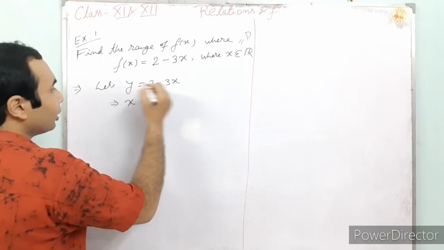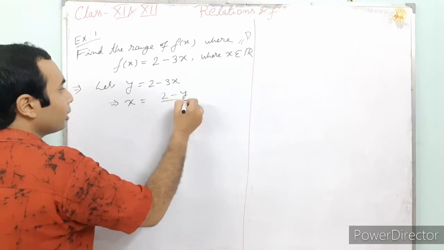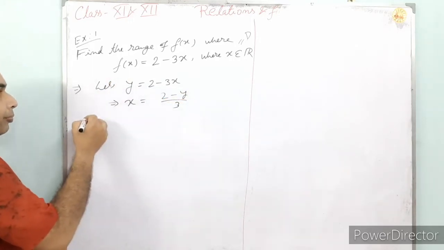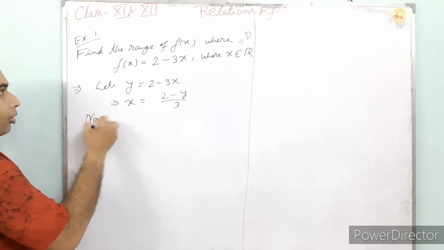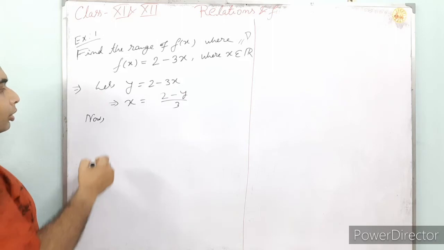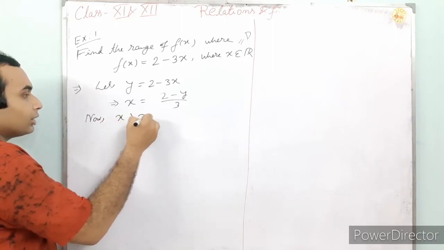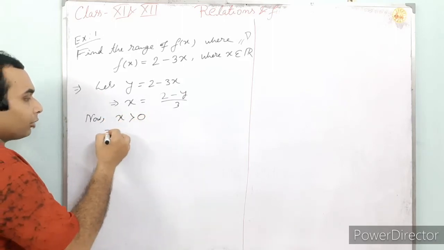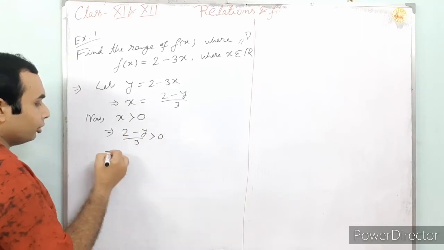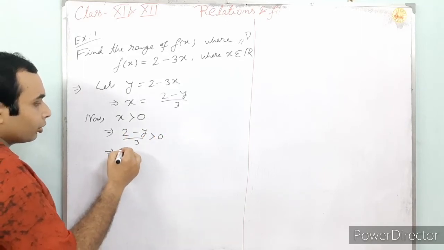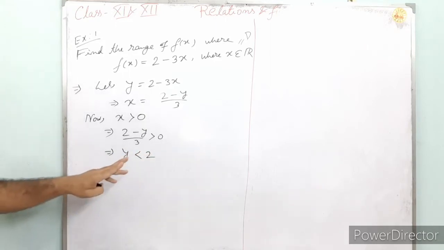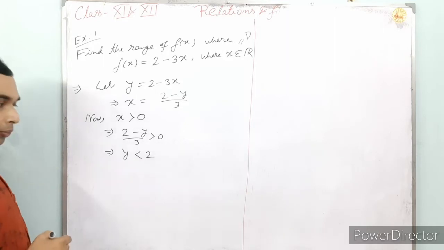So here it comes x = (2 - y)/3. Now x is greater than 0, so (2 - y)/3 will be greater than 0, and that means y will be less than 2. Y is less than 2.